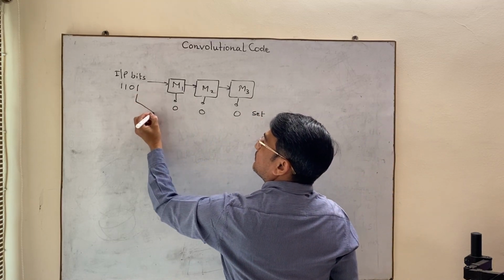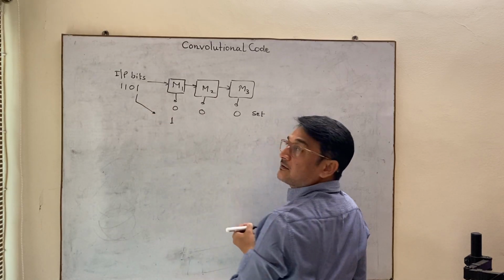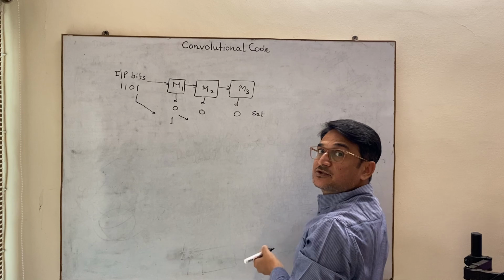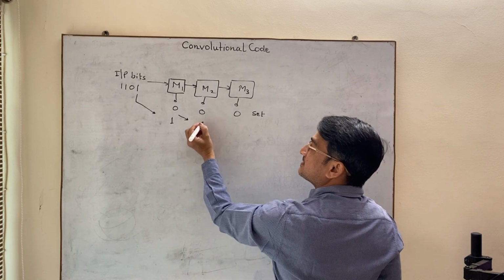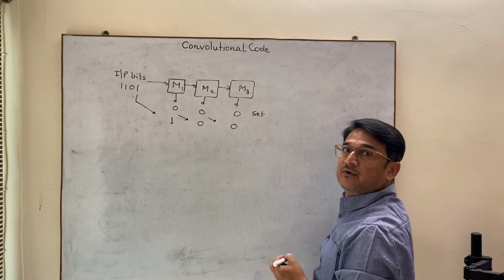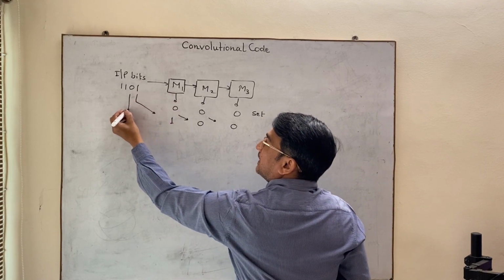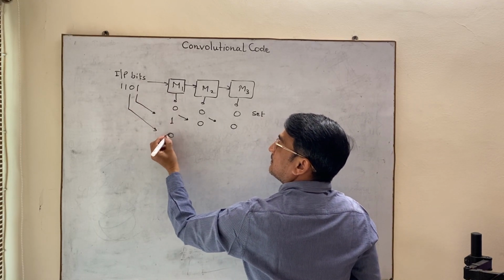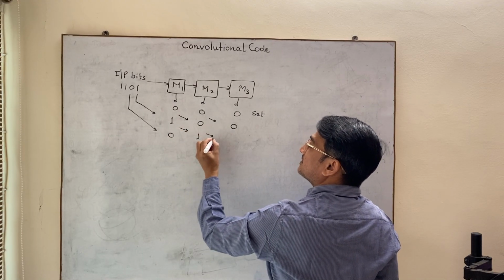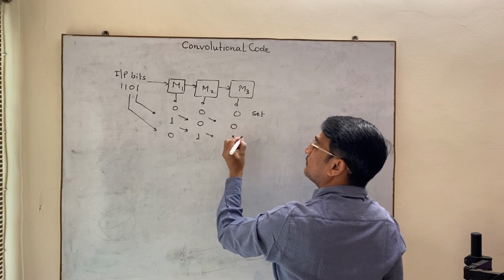Then the most significant bit will enter in the first flip-flop. The bit stored in the first flip-flop moves to the second flip-flop, and this bit moves to the next flip-flop. Then this bit will be shifting to this.